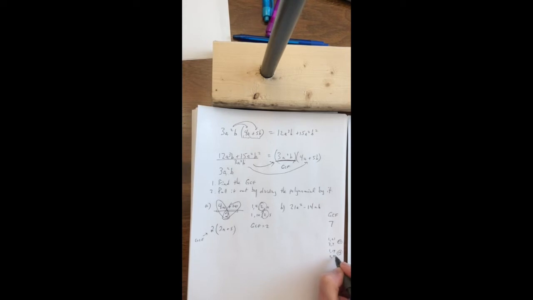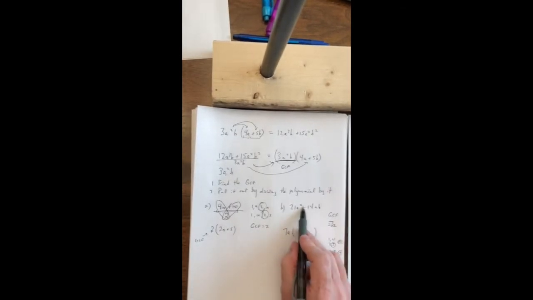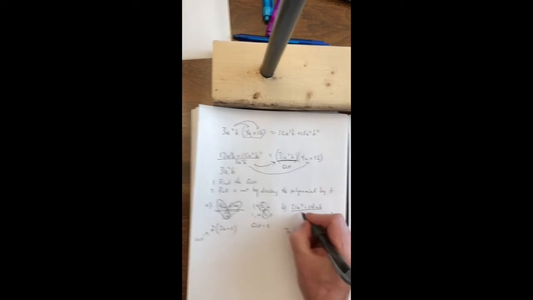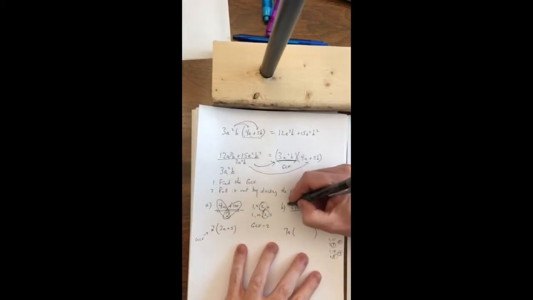So you can see that 7 is the greatest. Once again, you don't have to do this, but do write down the GCF. And for the letters, we have 2 A's here and 1 A here, so we have 1 A in common, and we do not have B in common, so this is our GCF. So let's write it down, and let's find out what we multiply it by to get this. So let's divide this up by our greatest common factor.